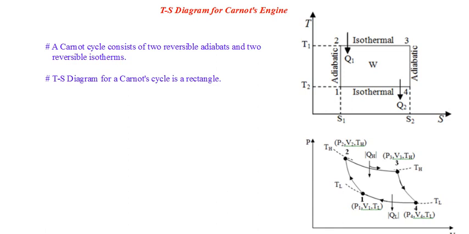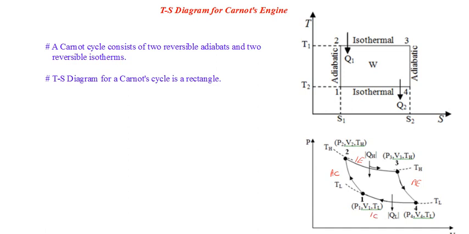So in the figure here, 1 to 2 represents reversible adiabatic compression. Then 2 to 3 represents an isothermal expansion. Then 3 to 4 represents adiabatic expansion. And finally 4 to 1 represents again an isothermal compression.